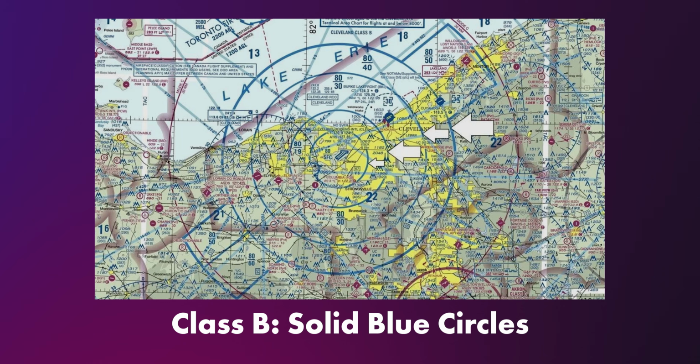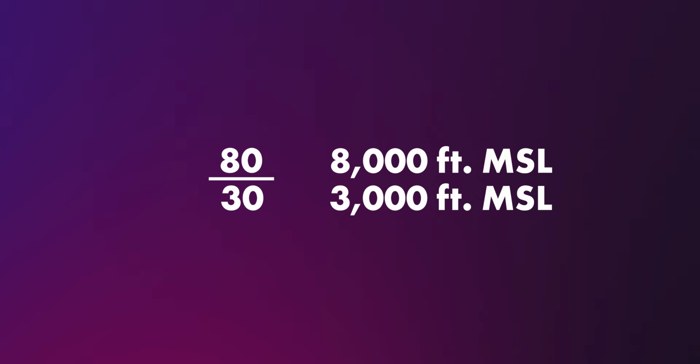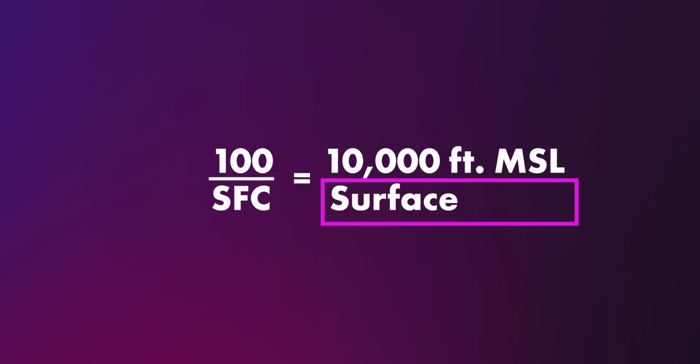On a sectional chart, Class B appears as solid blue lines. Each segment is labeled with its floor and ceiling in hundreds of feet MSL. You'll see notations like 80/30, meaning from 3,000 feet MSL up to 8,000 feet MSL in that segment. SFC means the floor starts at the surface.